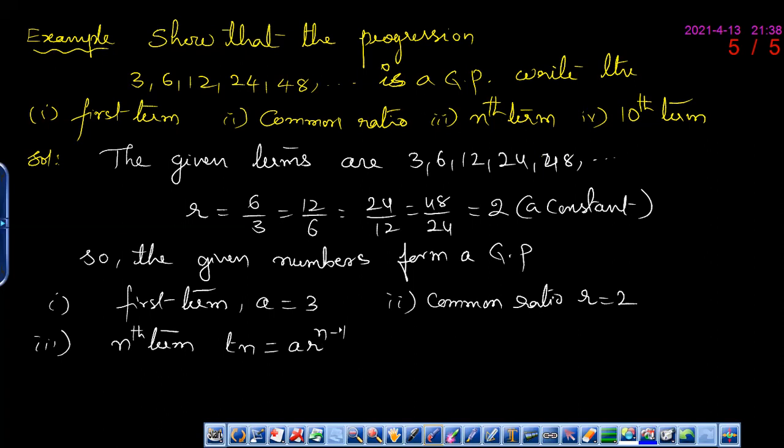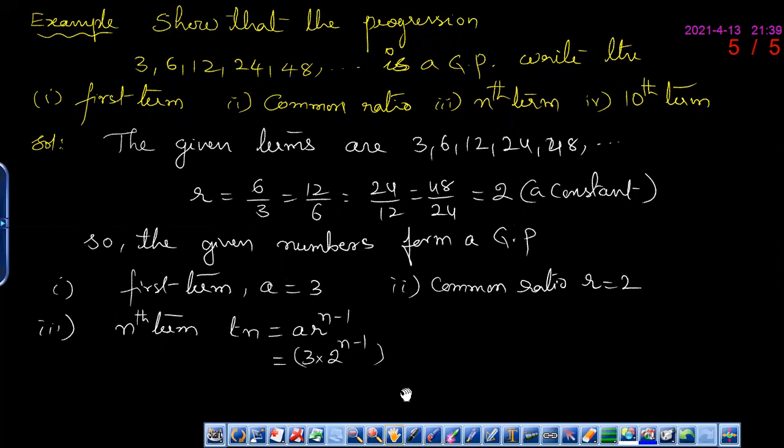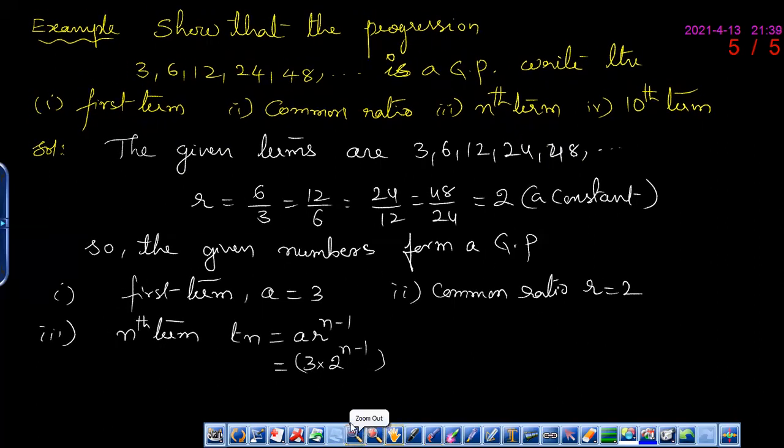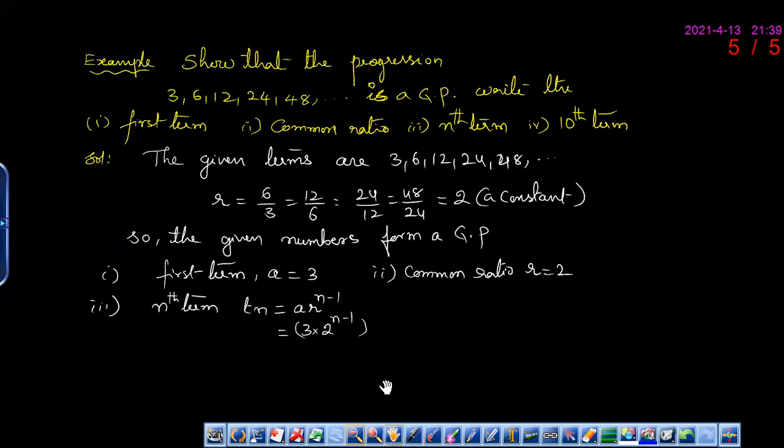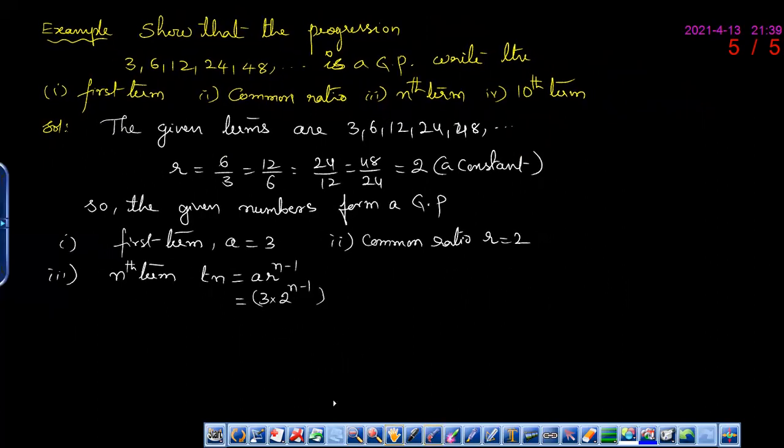Now tell me, how much is A? 3, into R which is 2, to the power n minus 1. Right? Clear? This is the third one. Now let us find the fourth one.